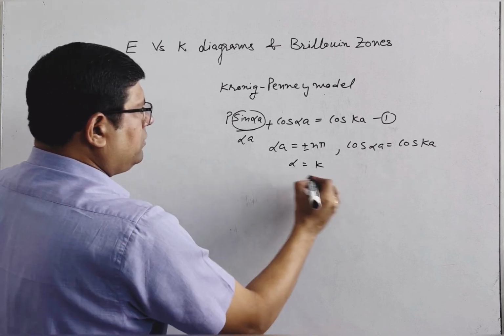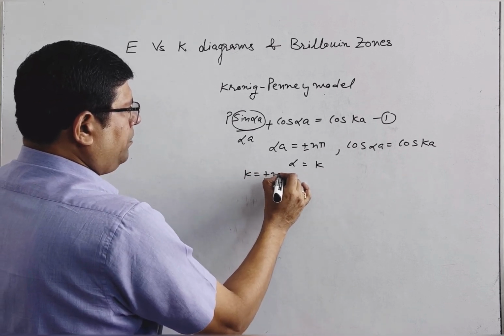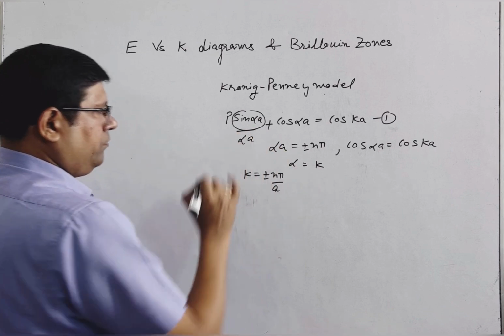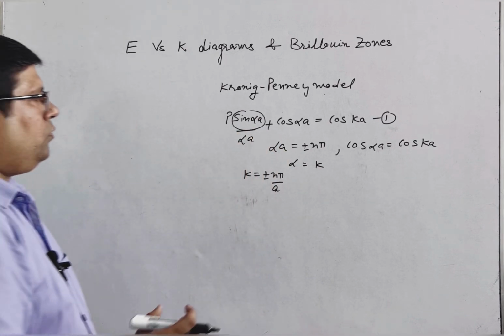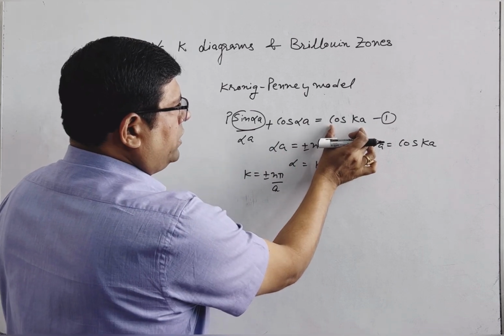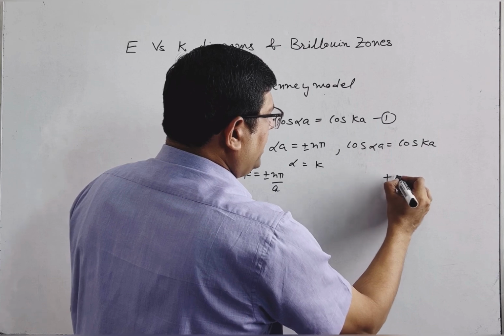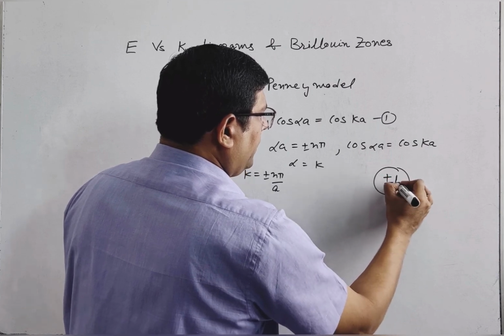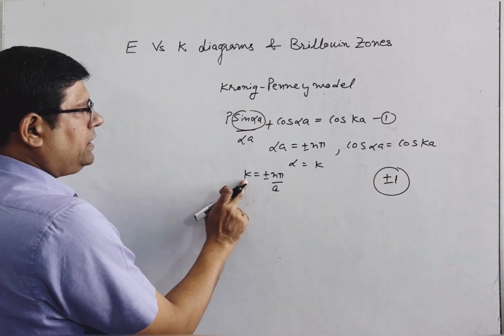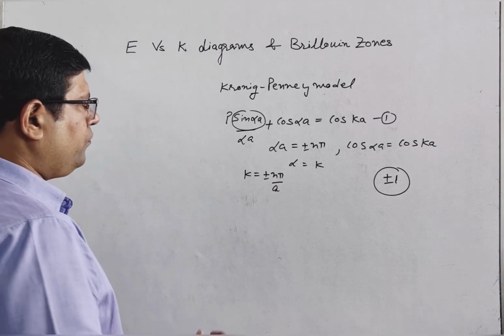So K will have the values ±nπ/a. So we can say that the right side of this equation will have values between ±1 if K is equal to ±nπ/a.